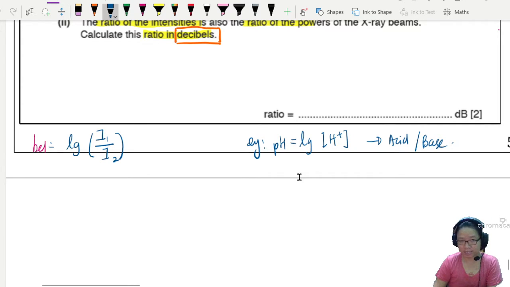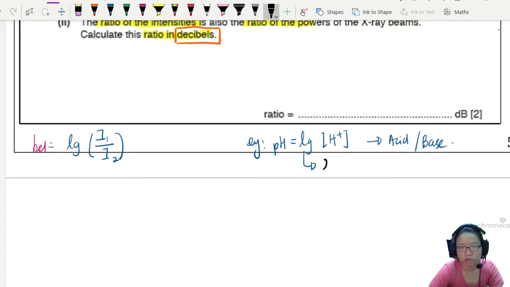Example of using a log-based scale is your concentration of H plus for the definition of pH and whether something is acid or base. There are a few reasons why we want to use log scale, okay? The main reason is because log scale can be linearized easily. This is log base 10. So when there's LG here, it's not the fridge, it is log base 10. Okay, in your calculator it should look like LG.